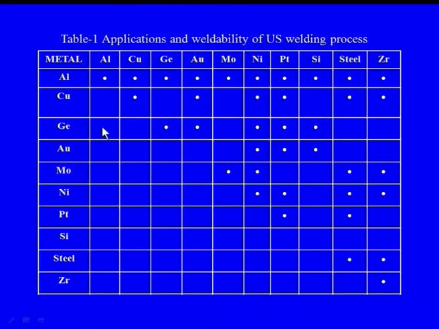Similarly, other metals like germanium, gold, molybdenum, nickel etc., are also shown against other materials to whom they can be welded using this particular process. The weldability of zirconium is found to be with aluminum, copper, then molybdenum, nickel and steel apart from itself.